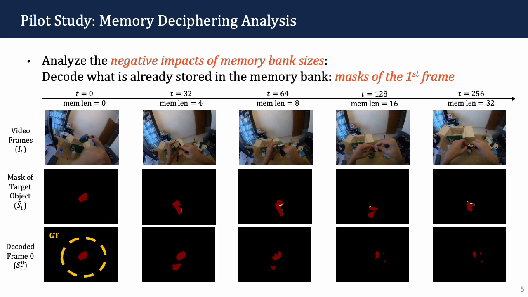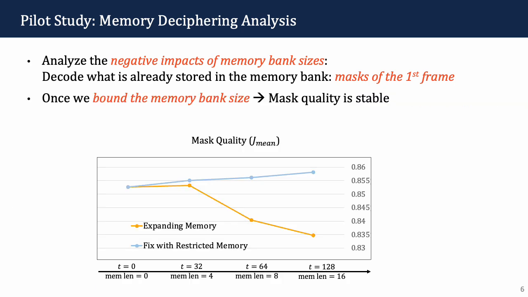However, this is not the case. We observe that VOS models cannot consistently decode the correct first frame mask under an expanding memory bank. As shown in this example, the decoded mask degrades significantly as the memory bank size becomes larger and larger, from 4 frames to 32 frames. Suppose we bound the size of the memory bank.